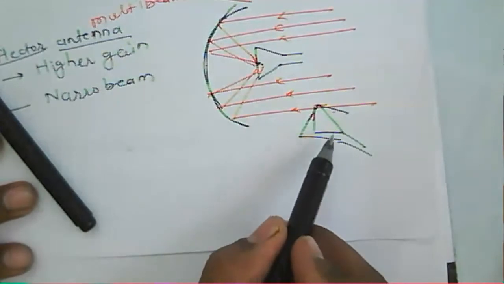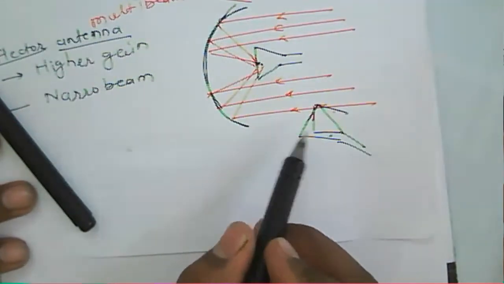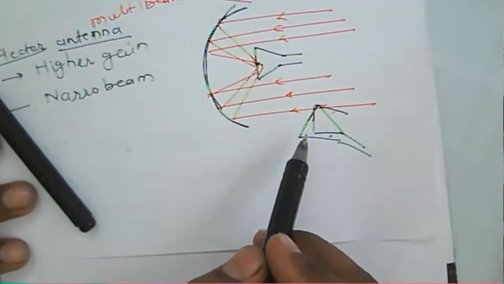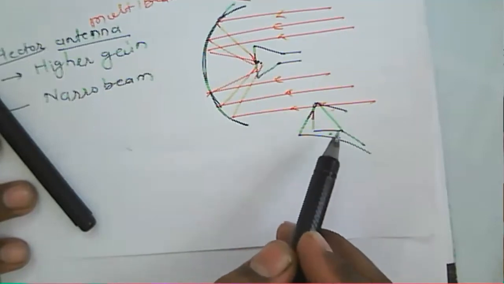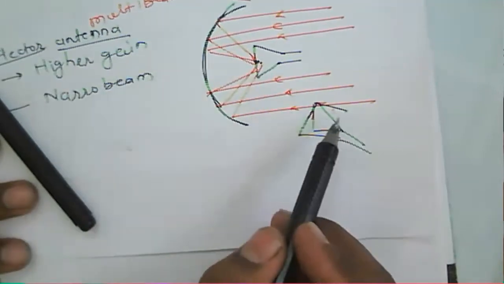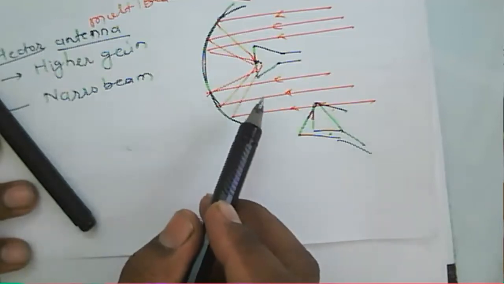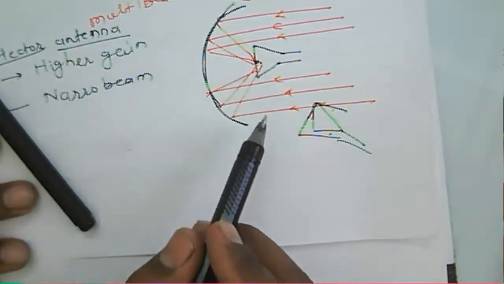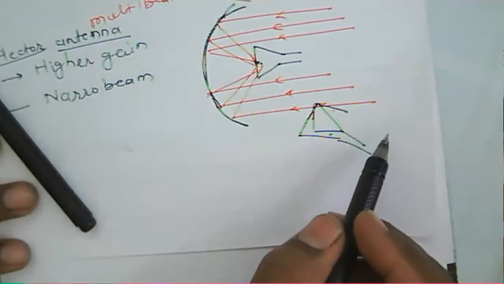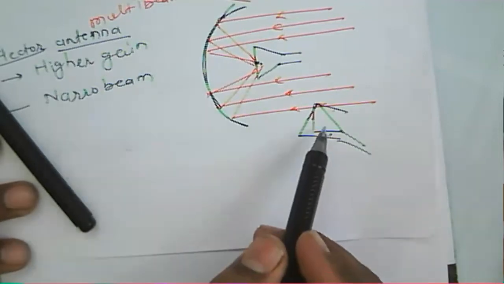So now why is this offset feed good? Because the horn antenna will not come in the line of transmission from the reflector.